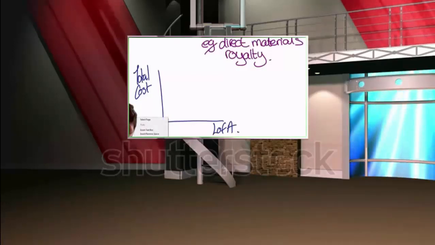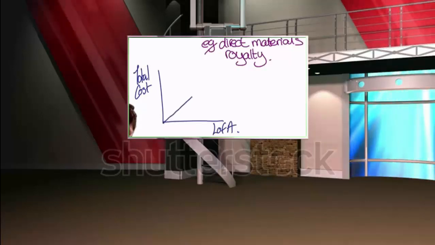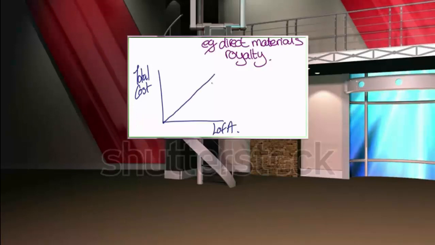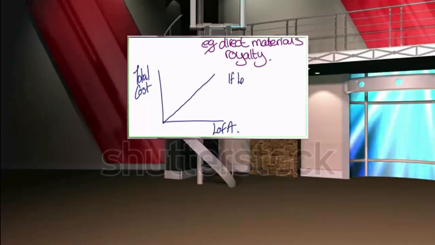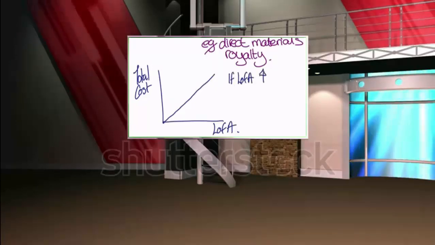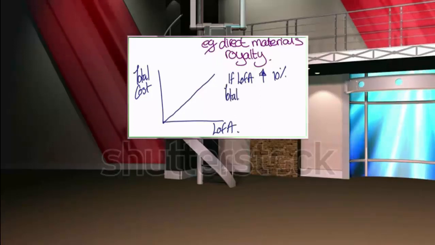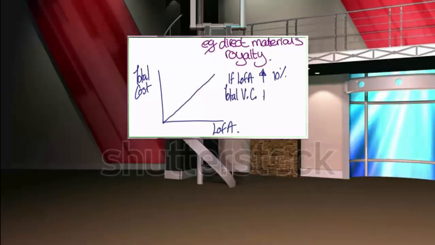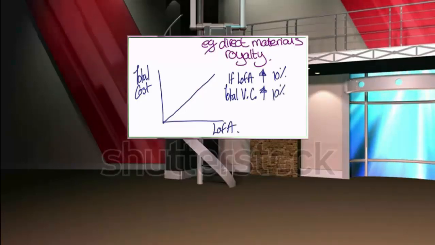As our level of activity increases, our total cost will increase in proportion to our level of activity. So if level of activity goes up 10%, then total variable cost will also go up 10%.